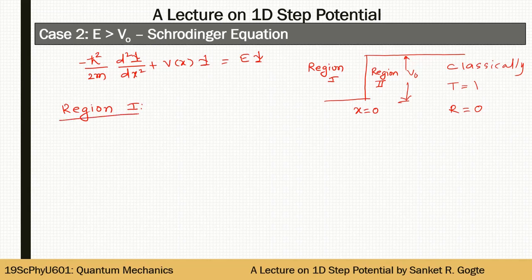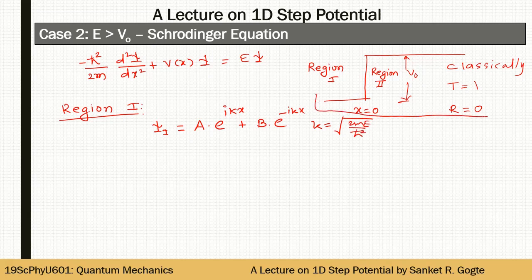So let's first write Schrodinger's equation in region 1. V in region 1 is equal to 0, and therefore, let me skip the step, the solution is going to be the same as the solution for region 1 in the previous case. It is A into e to the power i kx plus B into e to the power minus i kx, where k is this positive constant, square root of 2mE by h cross square.